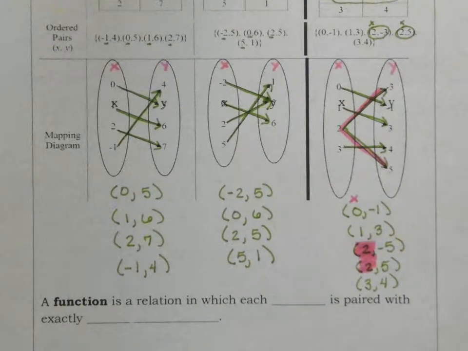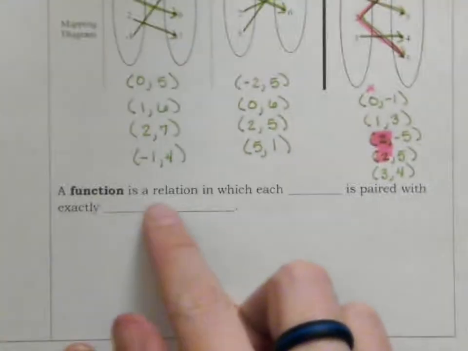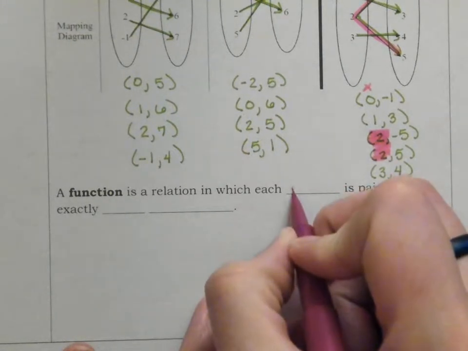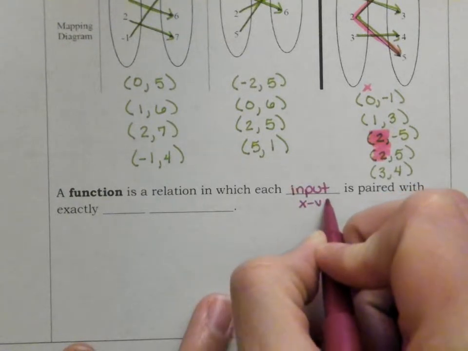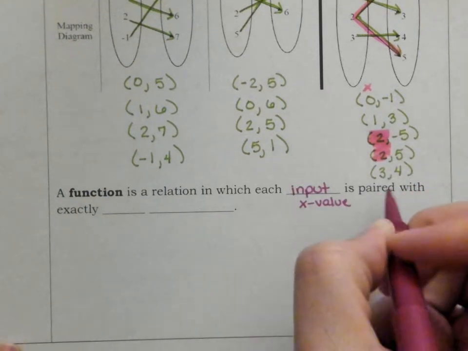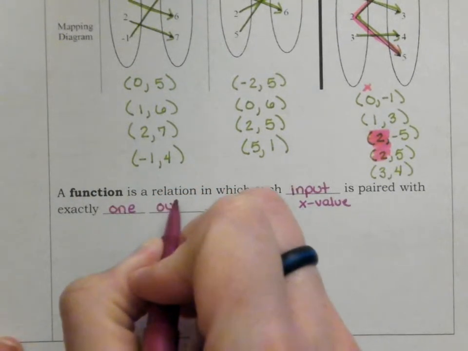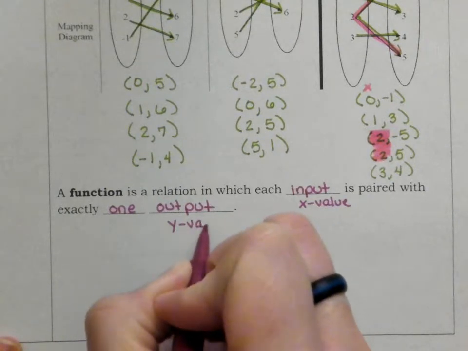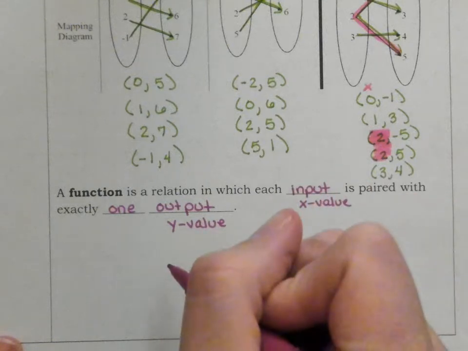So when the x value repeats, it is not a function, because the definition is a function is a relation in which each input, your x value, is paired with exactly one output. Output is your y value. You got to put something in order to get something out.